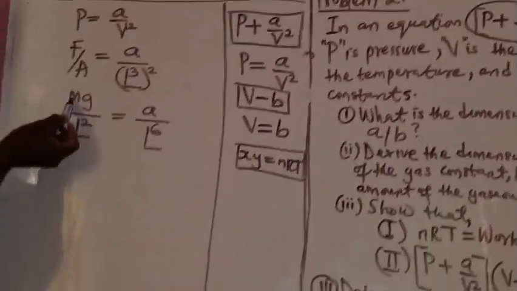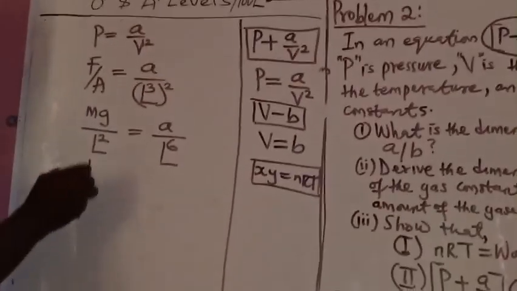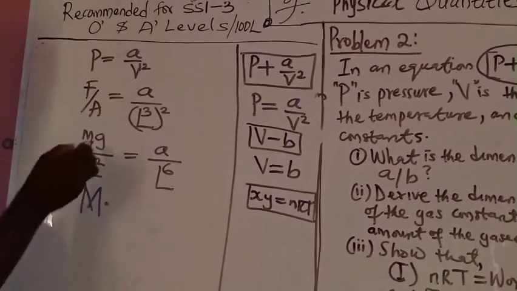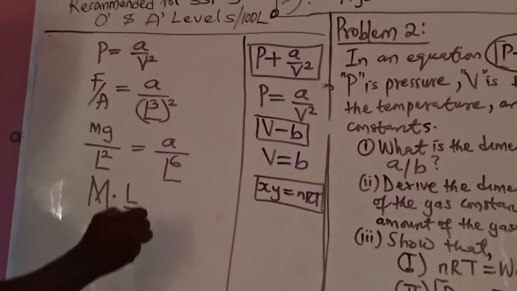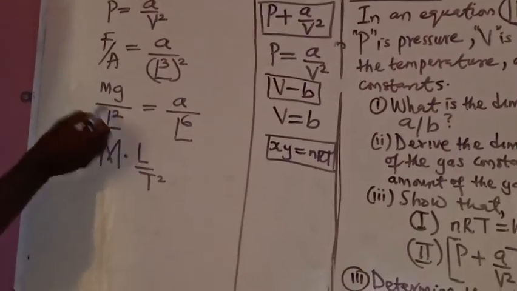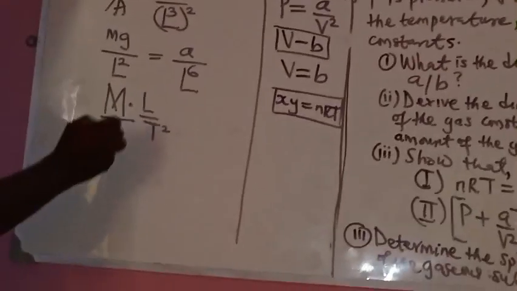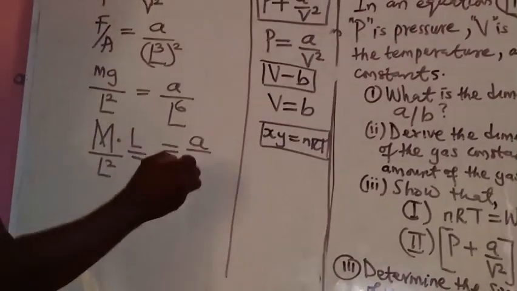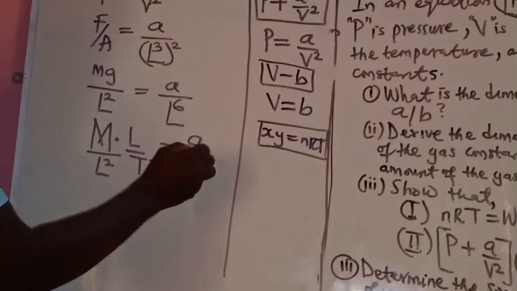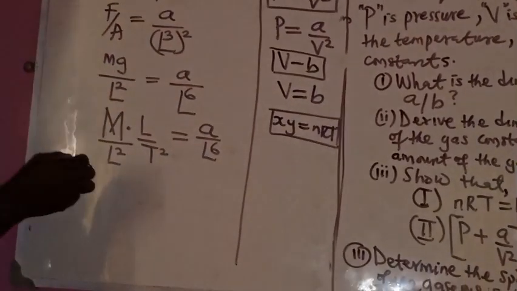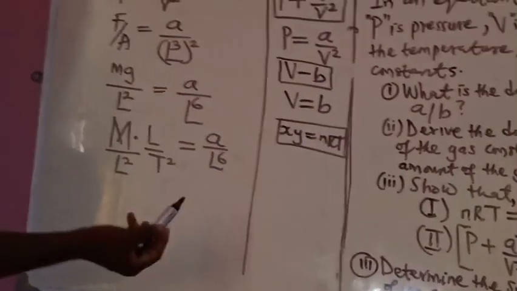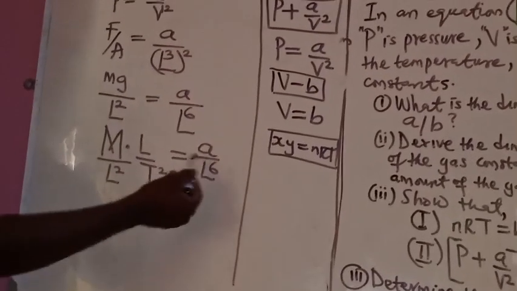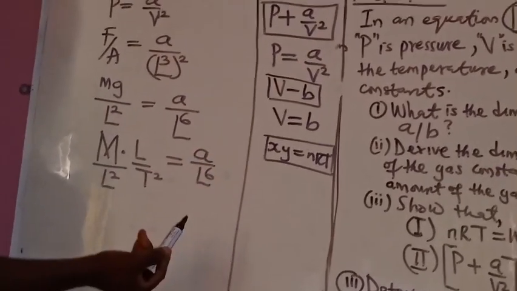Now you come back here. M is mass. The symbol for mass is capital M, and g is acceleration due to gravity, that is L over T squared, you remember? Then we have over L squared here, equals a over L to the power 6. Don't forget we are looking for a, we don't know what a is. So all you need to do is bring this together and cross multiply to get your a.